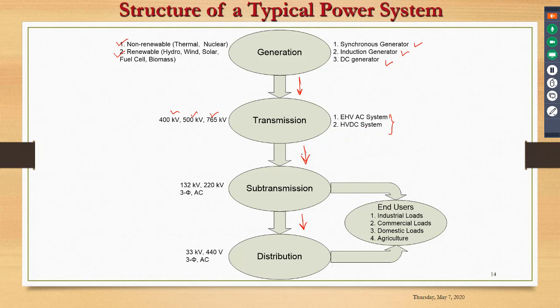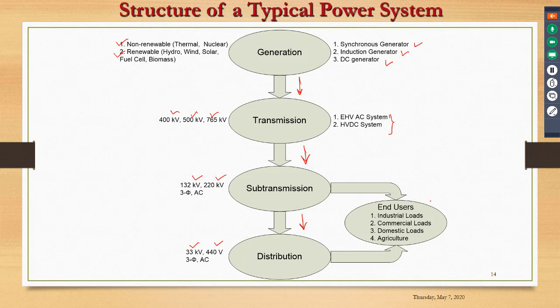At the sub-transmission level, the voltage level is 132 kV and 220 kV, and finally at the distribution level, the voltage is stepped down to 33 kV or 440 volt. For residential consumers, we use 440 volt, or for a single phase we use 230 volt.